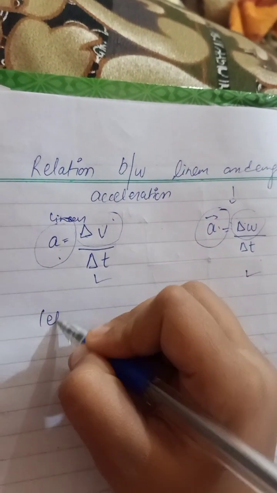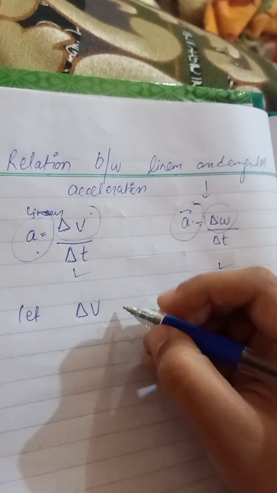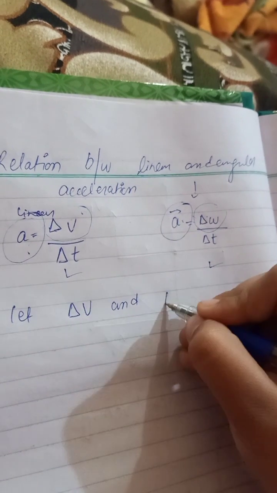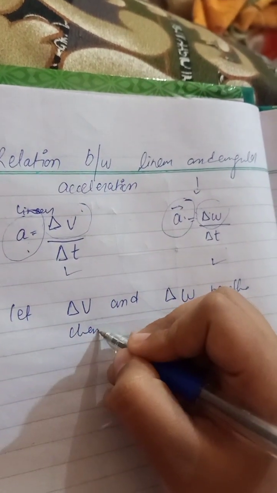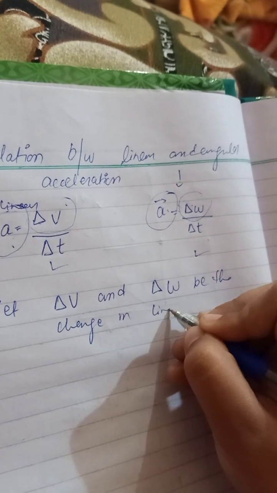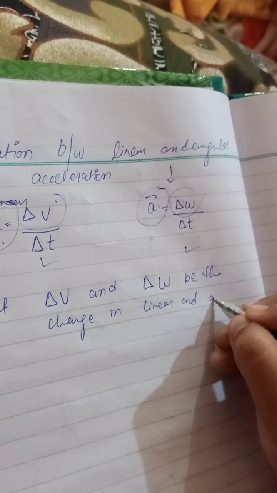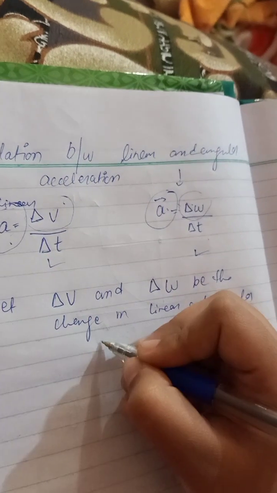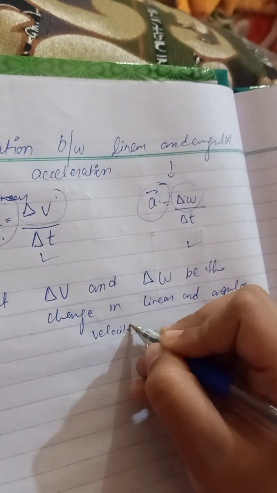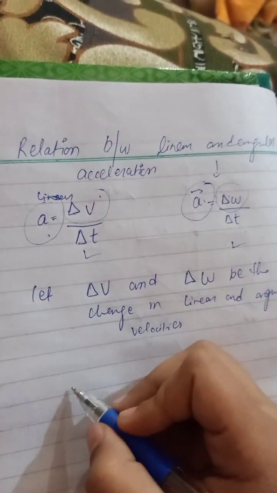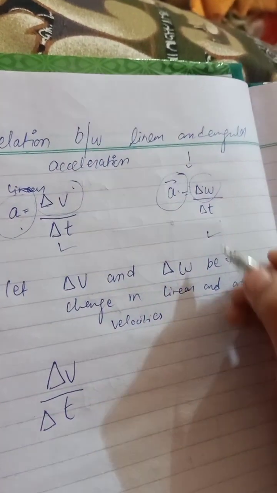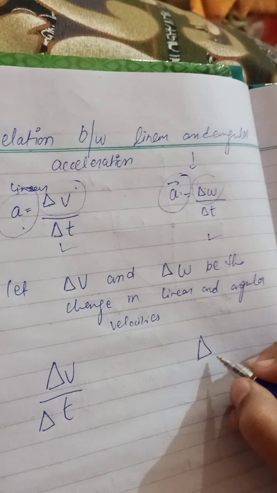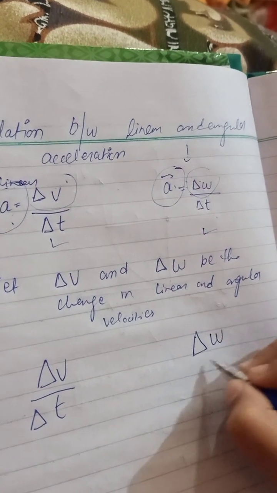So let the change in linear velocity and the change in angular velocity be given. Okay, here we have the formula for linear acceleration, and here we have the formula for angular acceleration.